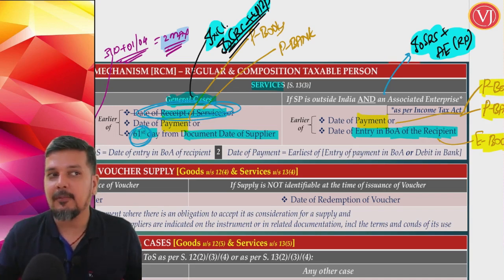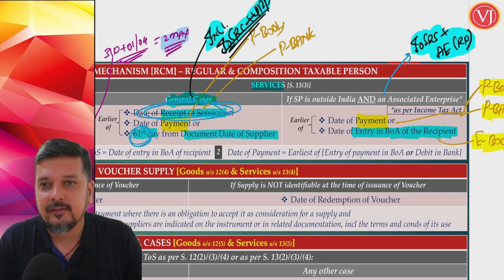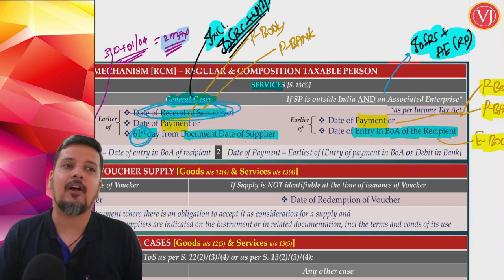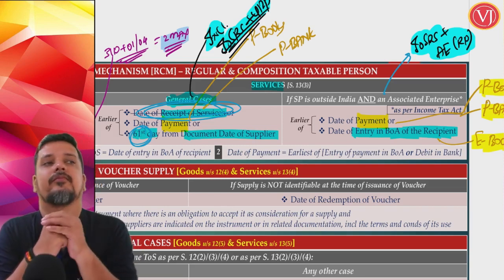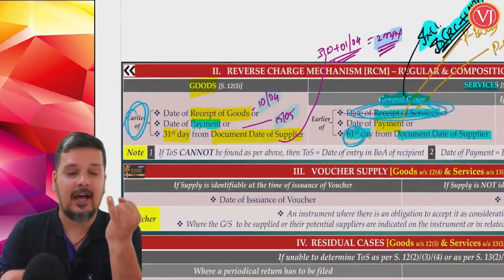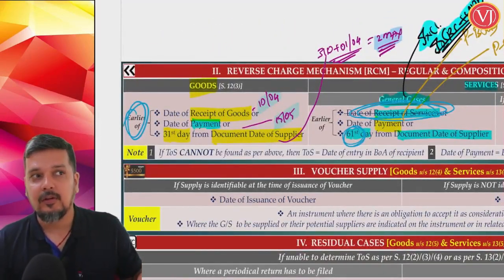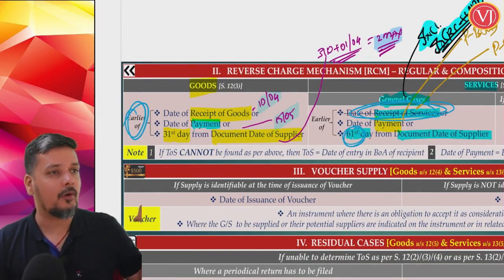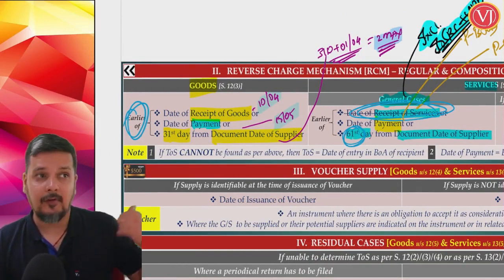If payment is made in multiple installments, they are treated as separate questions. Payment is always relevant in RCM scenario, both for goods and services. Even for goods, payment is relevant.